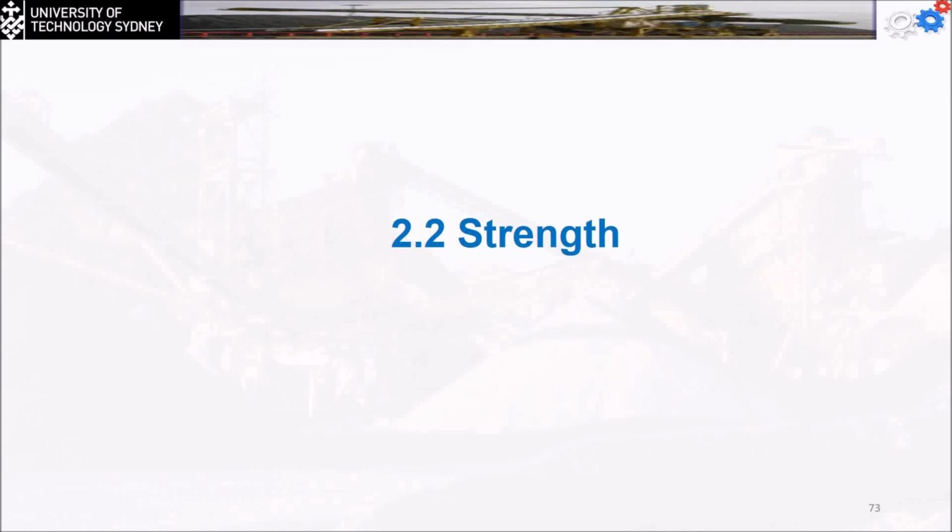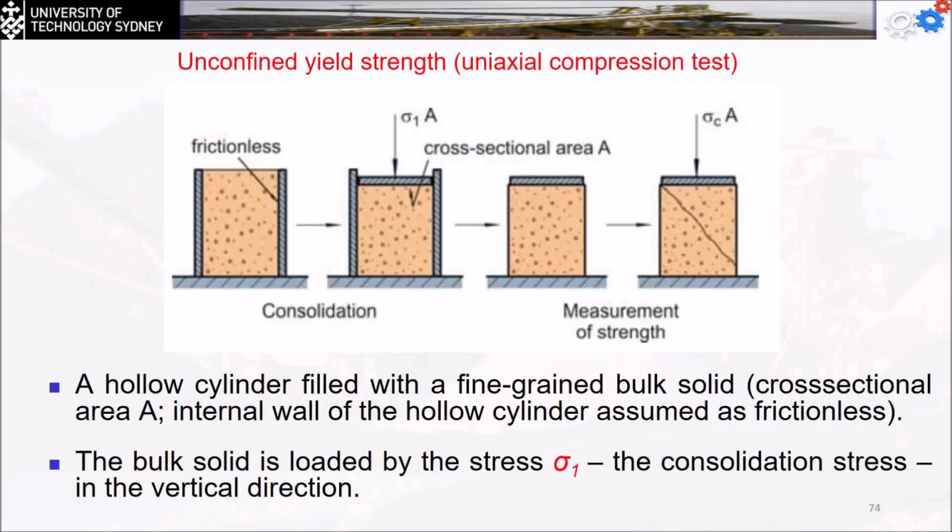let's go to the strength point once again. Okay, so once again, we're going to make the test for the strength of the material, for testing the flowability.